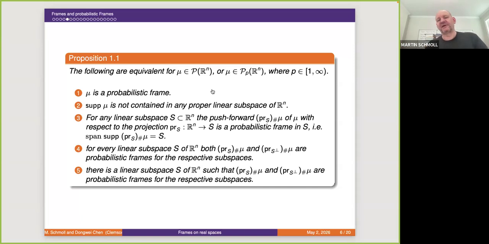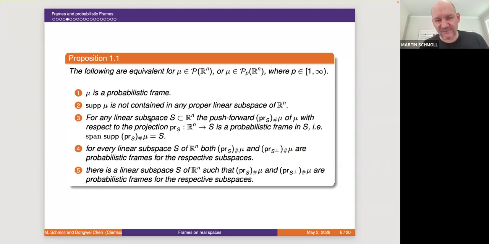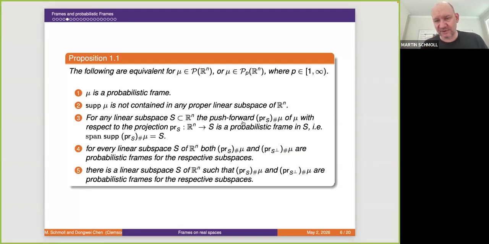But there's another one, number three, that is interesting for what I will use later. For any linear subspace, you take the projection to that subspace and push forward the measure to that subspace.